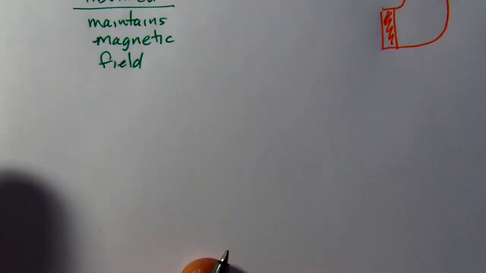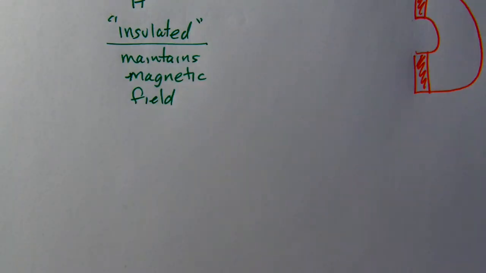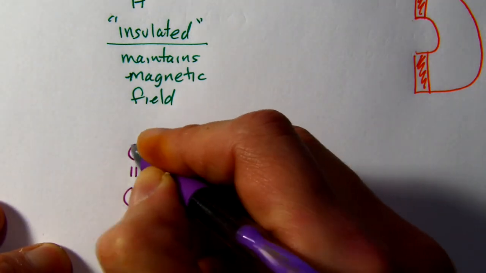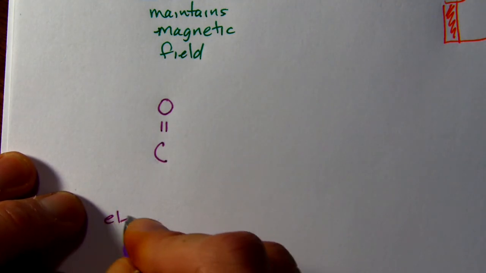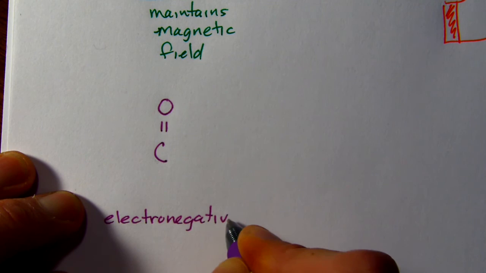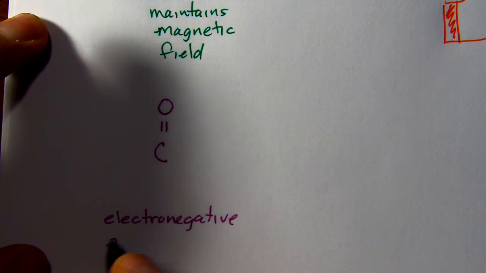What if this time we have a carbon that is going to actually have an effect on the electrons? One of the things you have to remember is that oxygen is very electronegative. That means it's an electron hog, and basically it's stealing electron density.